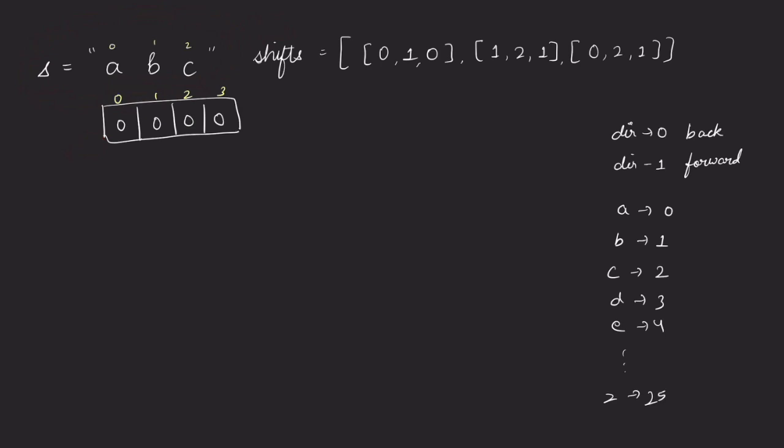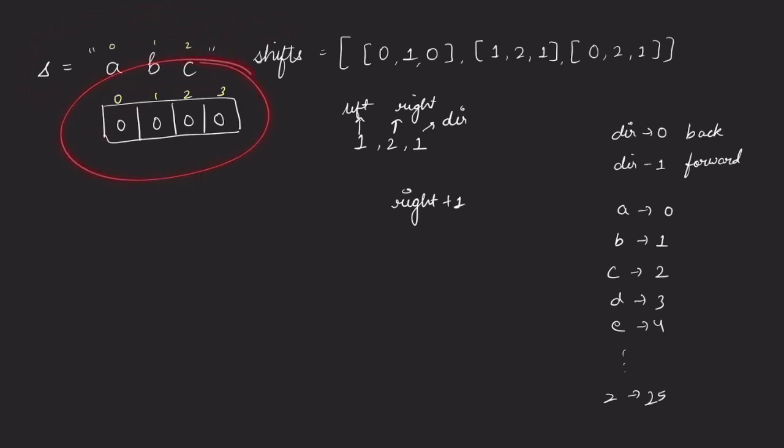Now what are we going to do? Let us suppose that we are given a query that from 1 to 2, we need to move the characters in forward direction. Then that means these two characters have to be moved to the next character, right? So this was left, this was right, and this is direction. So what we will do is add a plus 1 at index right plus 1 in this particular array that we have created.